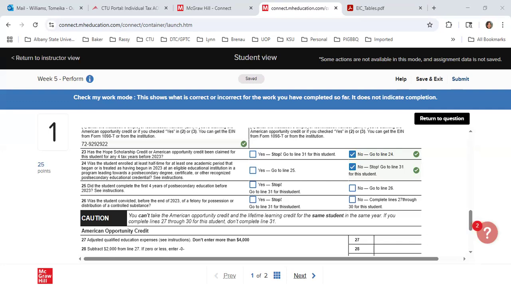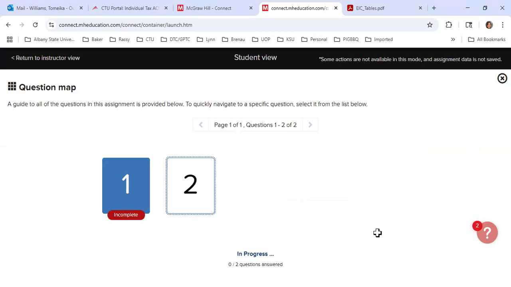However, if you don't do everything that we did in this recording, you won't have a perfect score, because that means that you missed something that we did on this recording and you shouldn't have. All right. So do everything that we did in this recording to your problem. And when you submit it, yes, it's going to say incomplete, but I will adjust those points later in the grading. Moving on to problem 2.